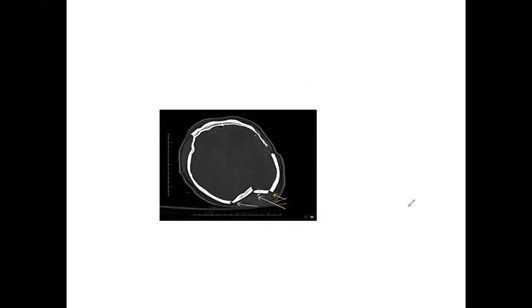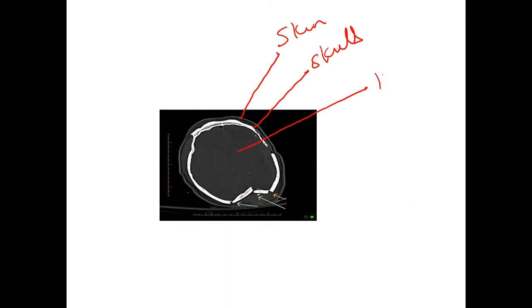Now, this CT scan will show all the layers of the skull. It will show the brain and all its covering. As you can see here, you can see the skin, the skull, and the brain.